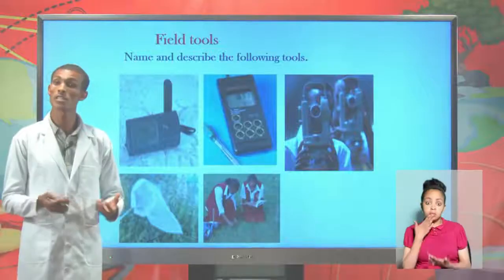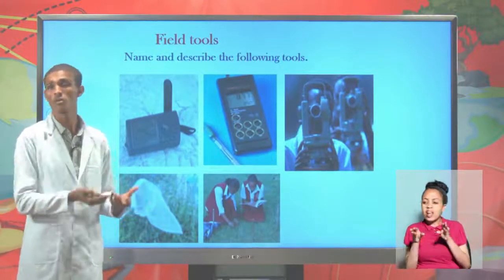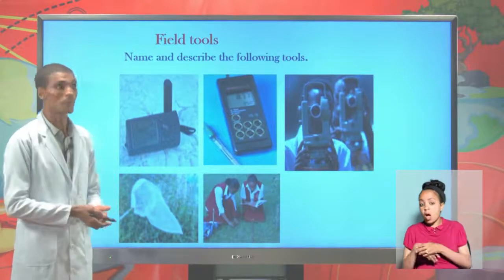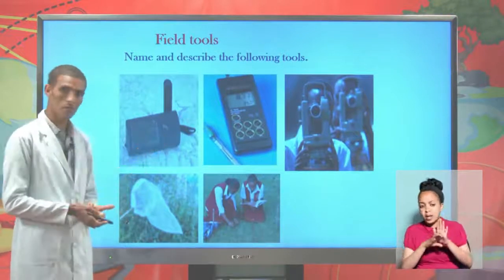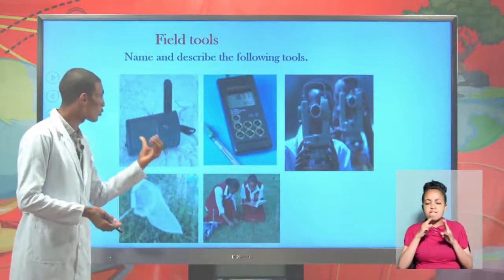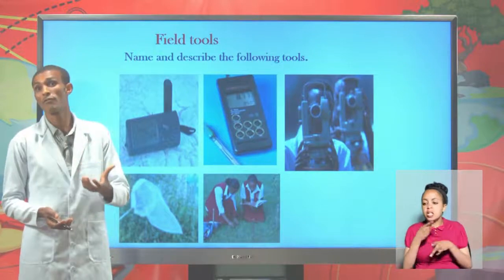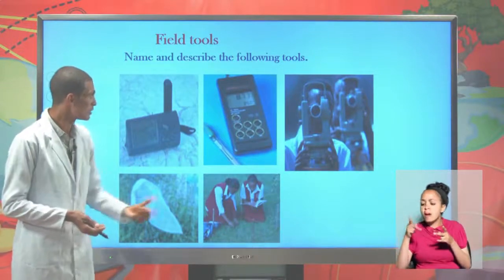Good. This is very important in collecting data from the field, outside of a lab. For example, GPS, meaning Global Positioning System, is very important to take the exact location map of an area from where data can be taken.